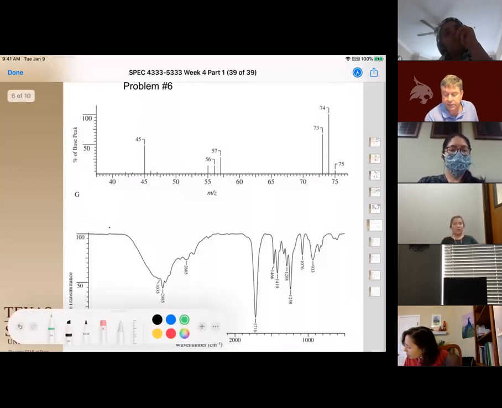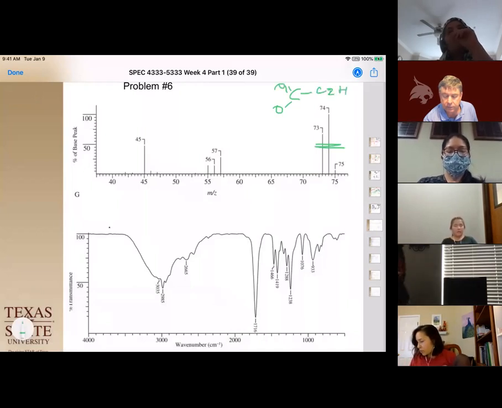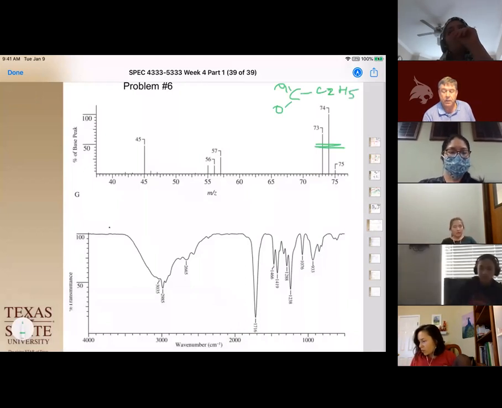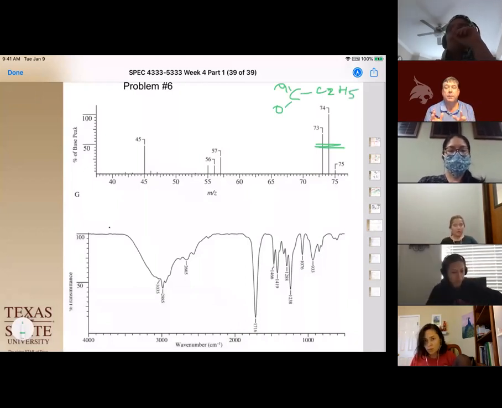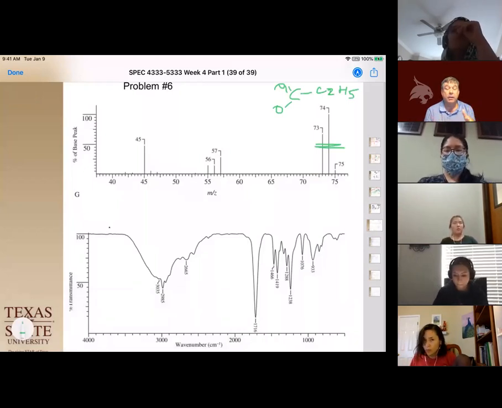So our first blush at these peaks right here is a CO, C2H5. So that's suggesting we have a carboxylic acid. Let's look at the IR. Right away, the IR also suggests a carboxylic acid.